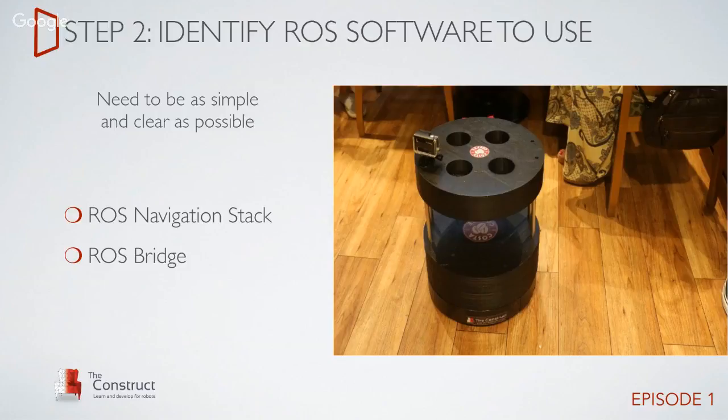So in order to identify this ROS software to use, you may have to do certain research. You may have to talk to somebody in case that you don't have the whole knowledge for that. But it's very likely that whatever you want to do in ROS, it's already provided there.